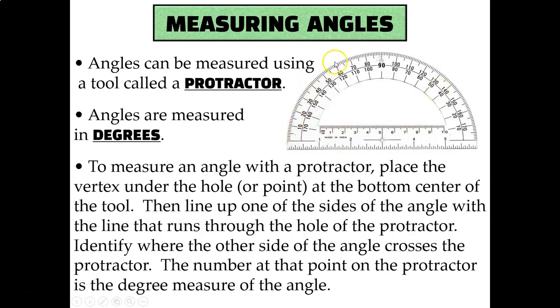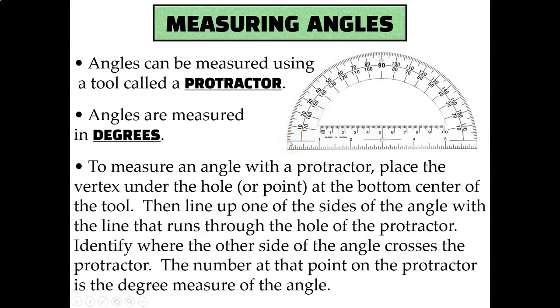You'll notice that there are two different sets of measurements as you go around the curved side of this tool. So how do you figure out which measurements to use? Well, it depends on which direction your starting side is pointing. If you lined up your vertex and the starting side came this direction, then you would want to use the outermost ring of measurements because they start at 0 on this side.